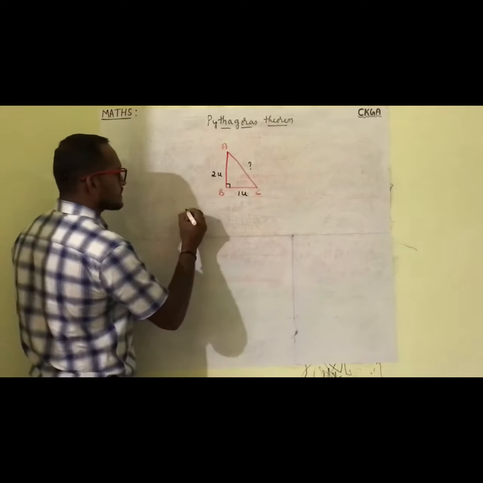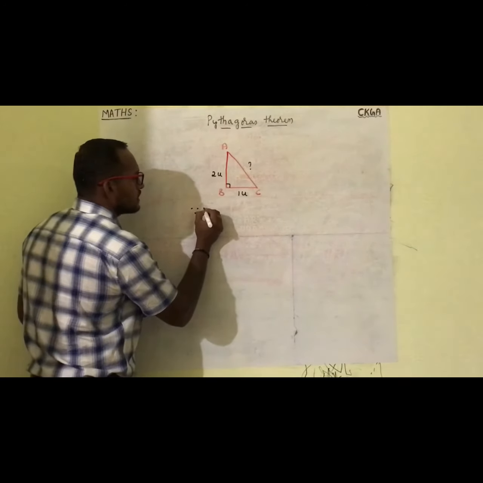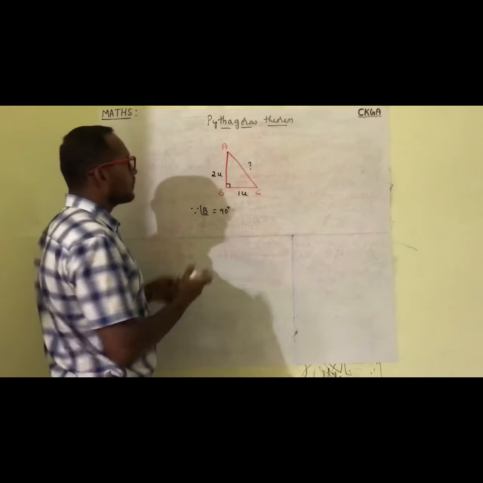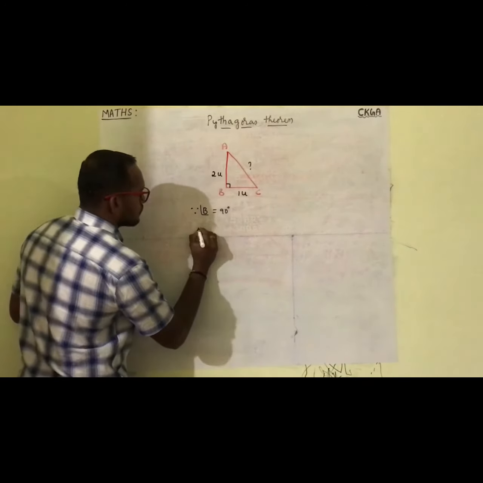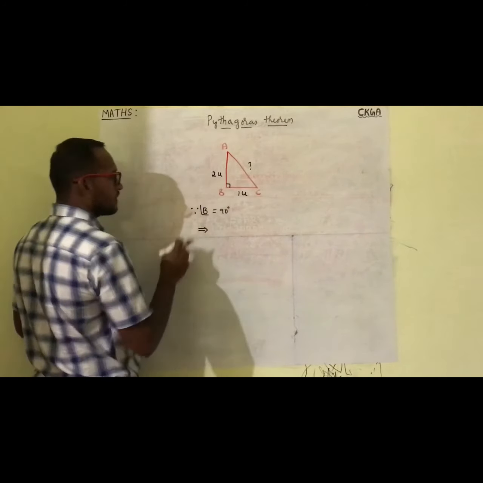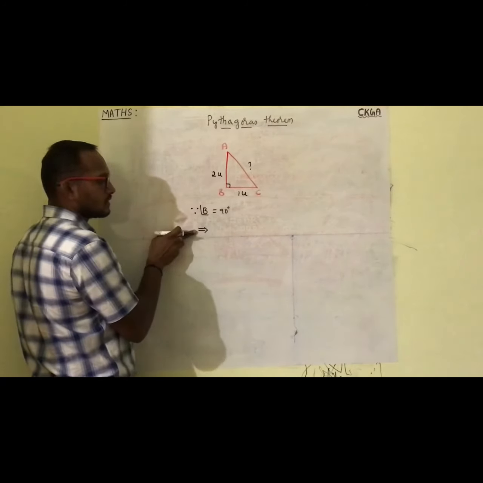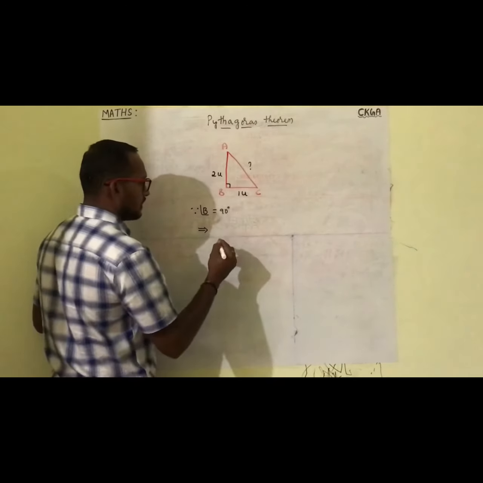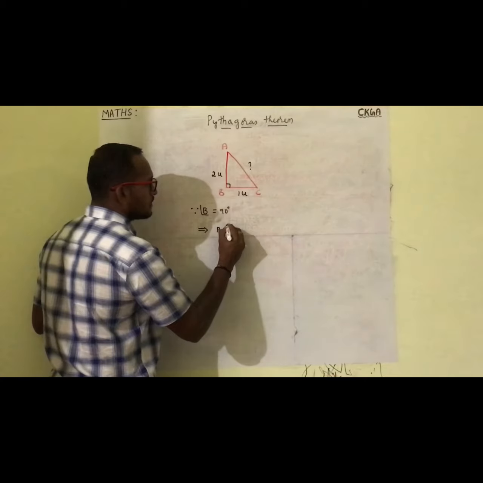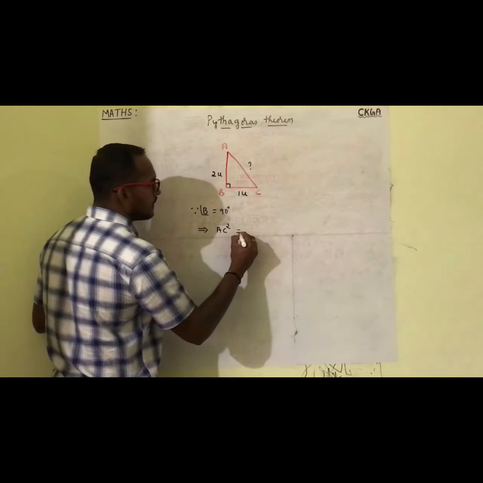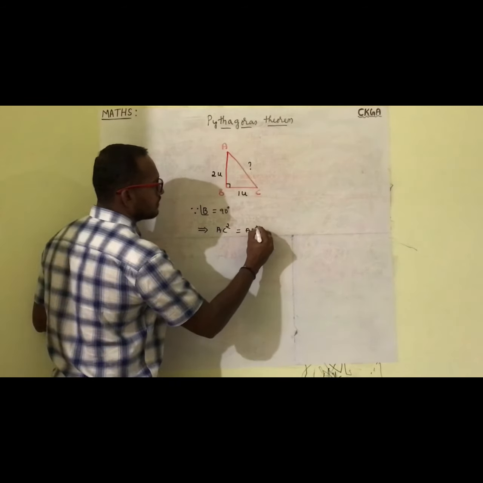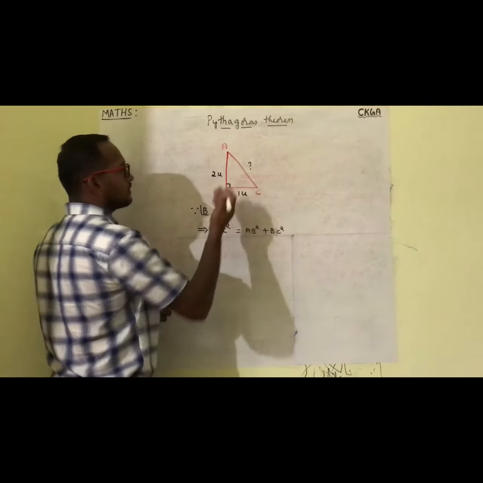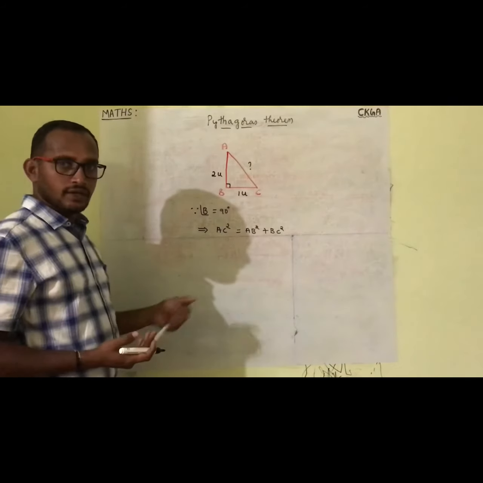Let's do it. Since angle B is equal to 90 degree, now we can go for the Pythagoras theorem. You can generate the relation AC square is equal to AB square plus BC square. Whatever measurements are given, you put them in here.